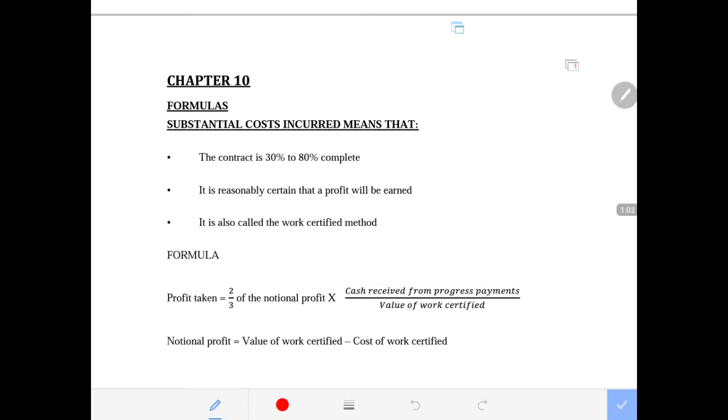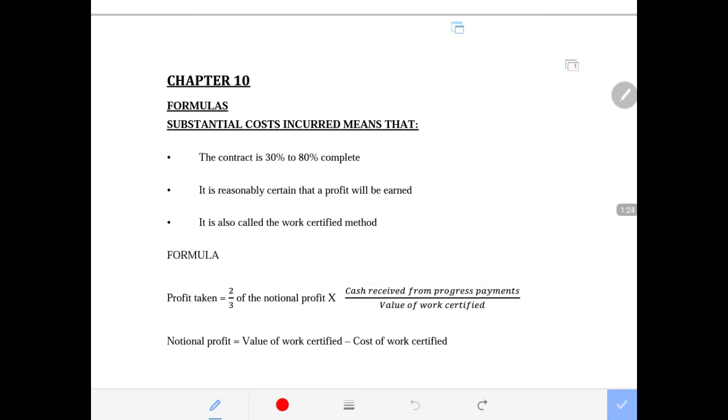Then we have these two formulas that will help us to determine when we take the profit in a contract costing environment. A substantial cost incurred means that the contract is 30% to 80% complete.